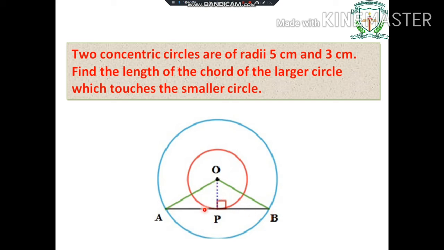Dear children, now AB is a chord to the bigger circle, but it is a tangent to the smaller circle. You can see here it touches at only one point. At the point of contact, you call this point of contact as P. Join O and P. Now you have to find out length of AB.